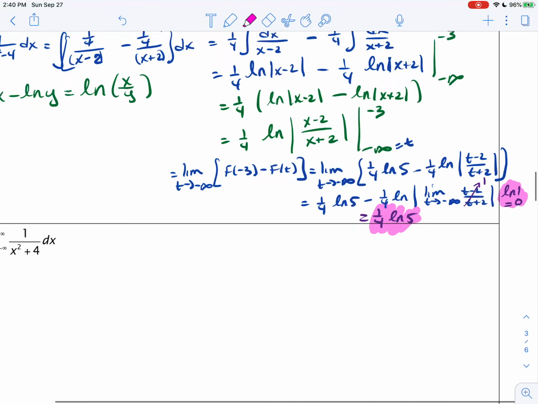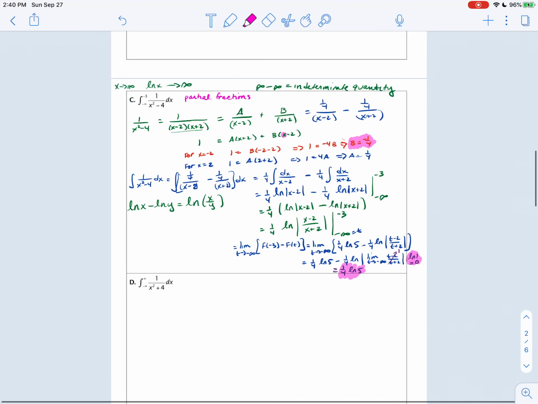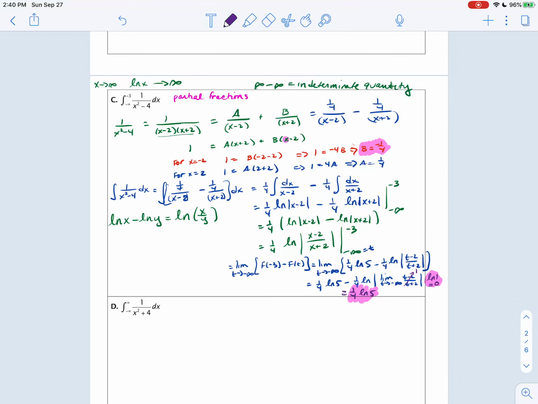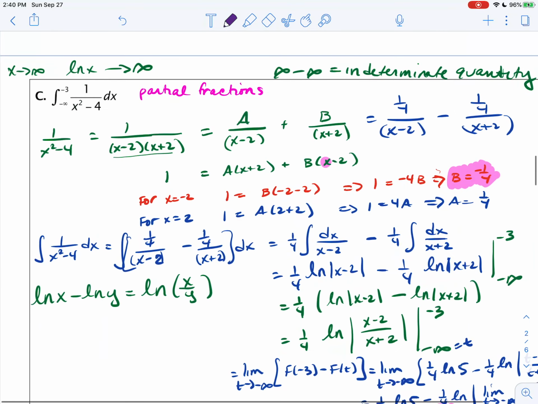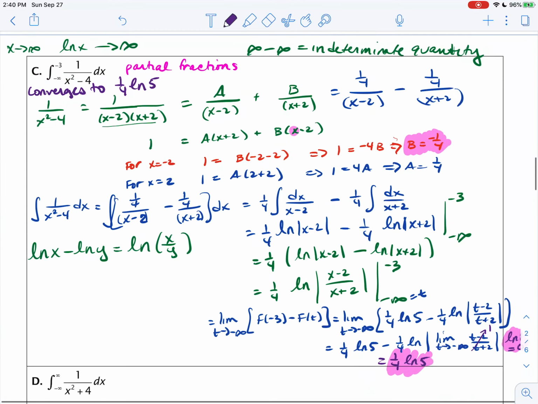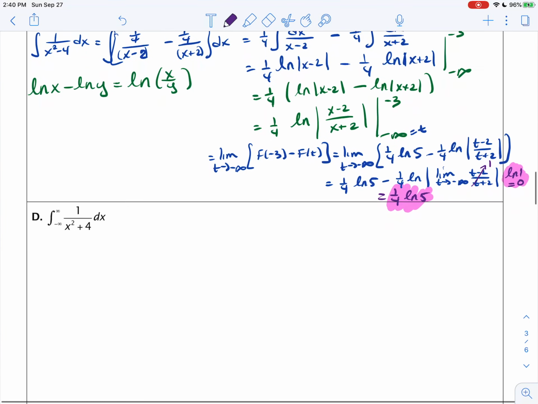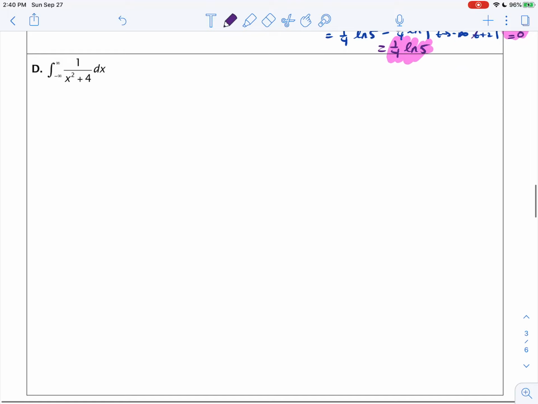So we can conclude that this integral is convergent. It converges to 1/4 ln of 5, or the ln of the 4th root of 5 if you want to use another property of logarithms. Good.